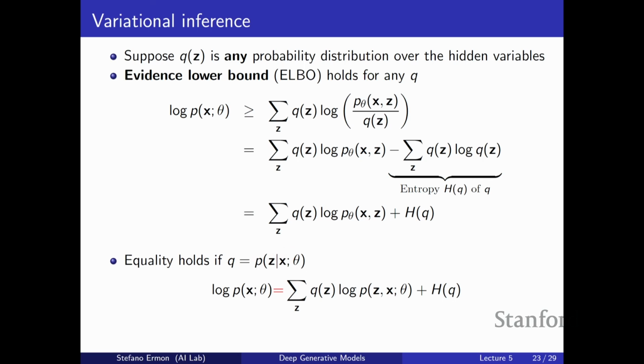You have a joint distribution between X and Z that defines a conditional for the Z variables given the X ones, and that would be the optimal way of guessing the latent variables. The problem is that this is not going to be easy to evaluate, and so that's why we'll need other things, but this would be the optimal way of choosing the Q distribution.